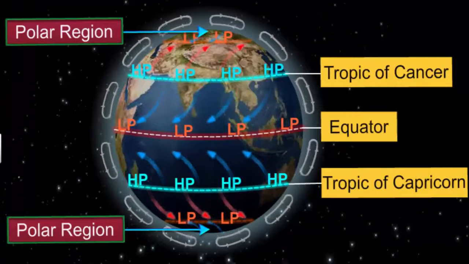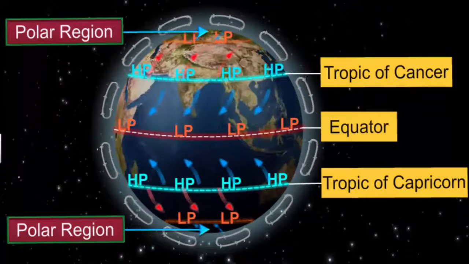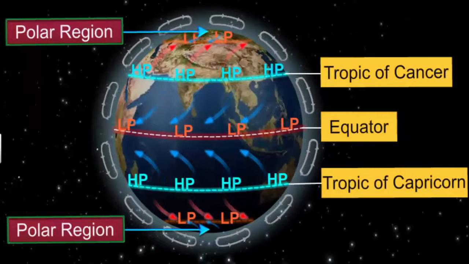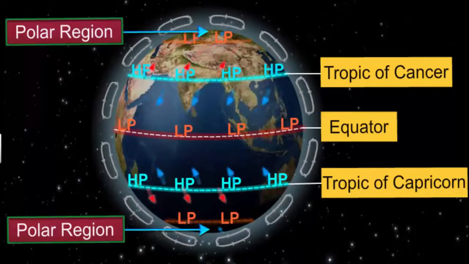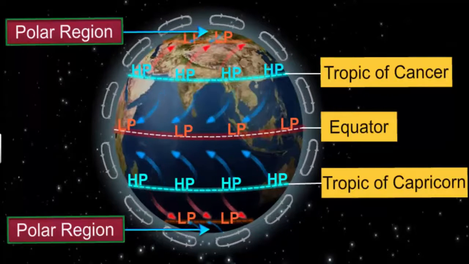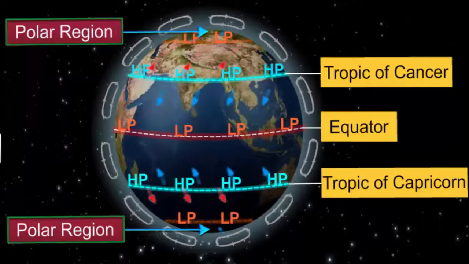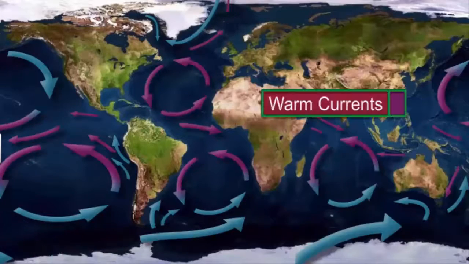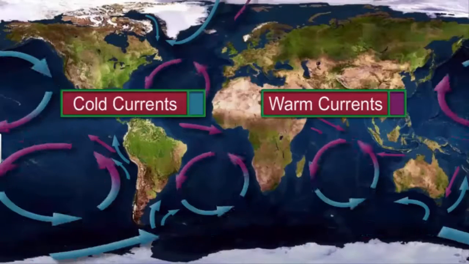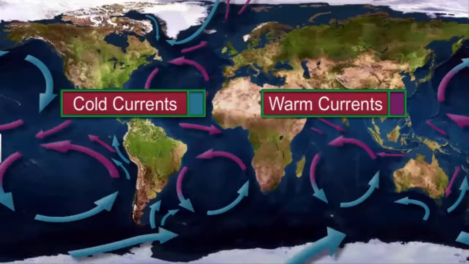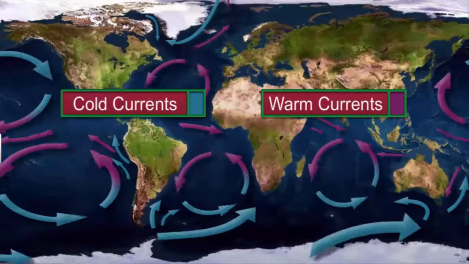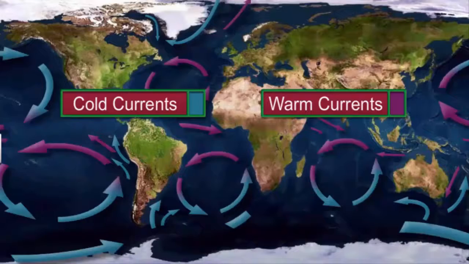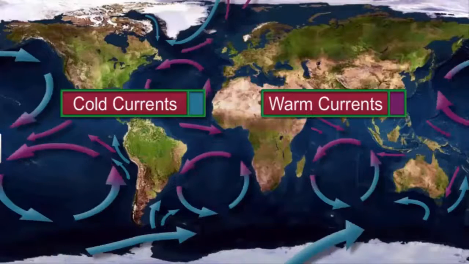Warm air and water move towards the poles, while cool air and water move towards the equator. Coastal areas with warm or cold currents flowing past them get warmed or cooled if the winds are onshore.